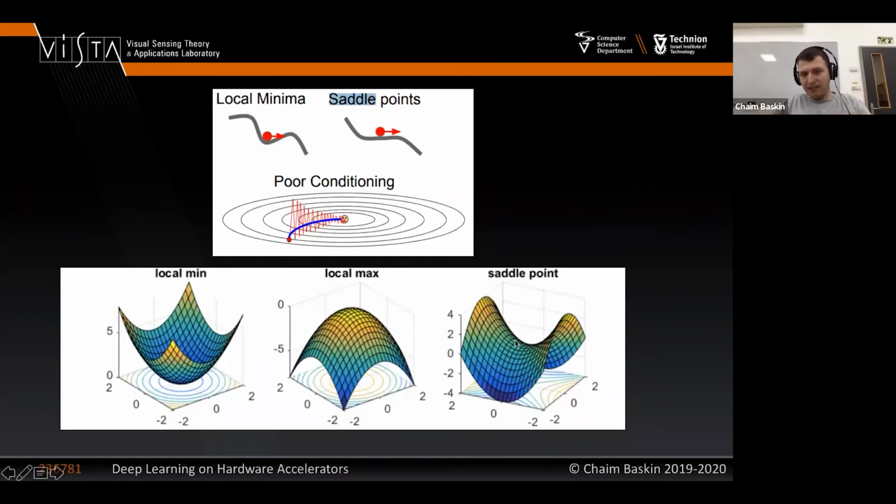The gradient here is 0, but it's not a local minima. Yeah, it's a saddle point. Because the gradient here is 0, we don't know which direction we need to progress, so at this point gradient descent has a problem.